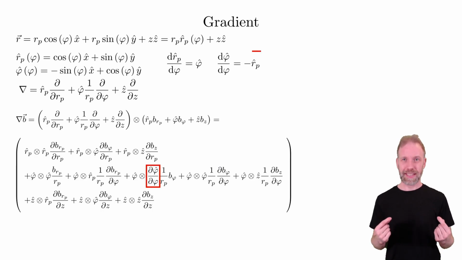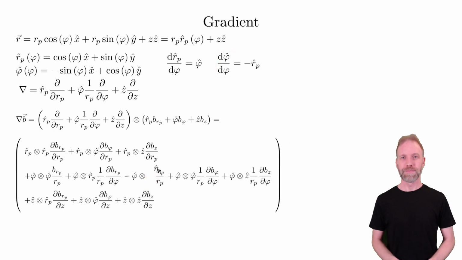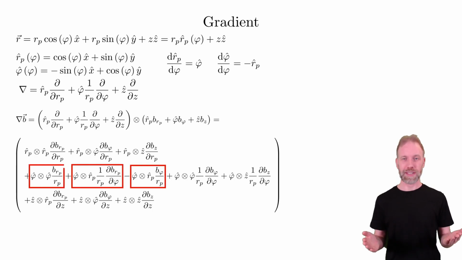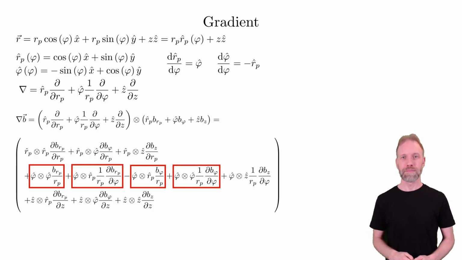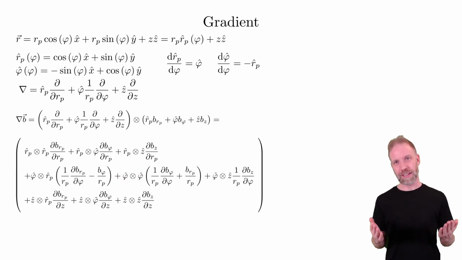The derivative of phi hat with respect to phi is minus rho hat. Collect the terms belonging to the same unit vectors. This is the final result.